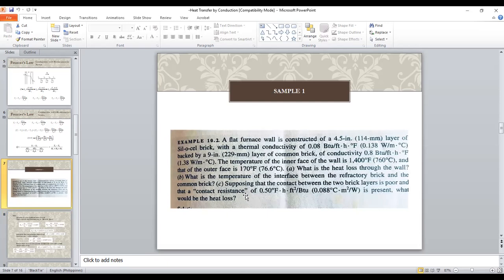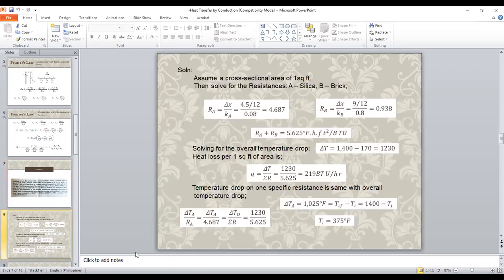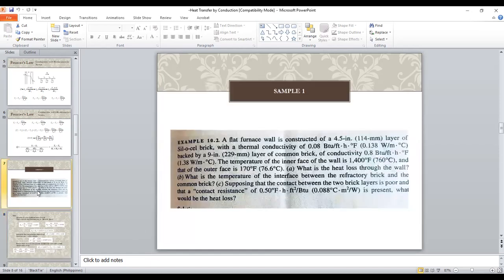So there's an added resistance to heat transfer aside from the resistances offered by your refractory brick and your common brick. This was not accounted for when we summed up the resistances based on the two materials. So we have already determined A and B here. We need to account for that particular heat loss because of the added resistance, which is not accounted for in the two materials.